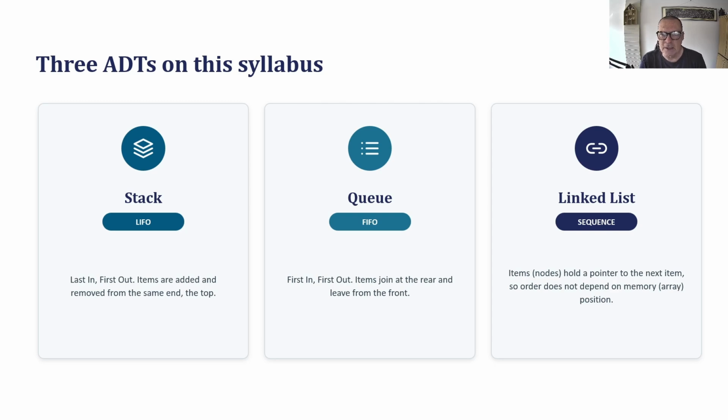And then we have linked lists. A linked list is a sequence of nodes, but each node holds a pointer to the next item. So the order of the nodes doesn't actually depend on where they're stored, either in an array or in memory. It doesn't matter where they are physically stored. The pointers tell you the order of the items in the linked list.